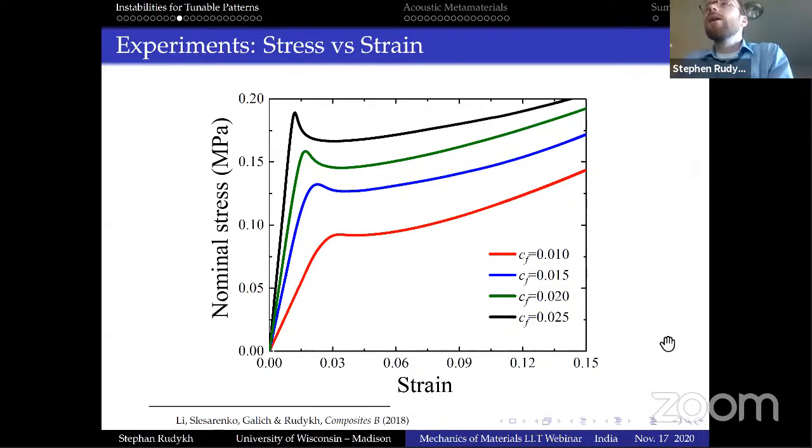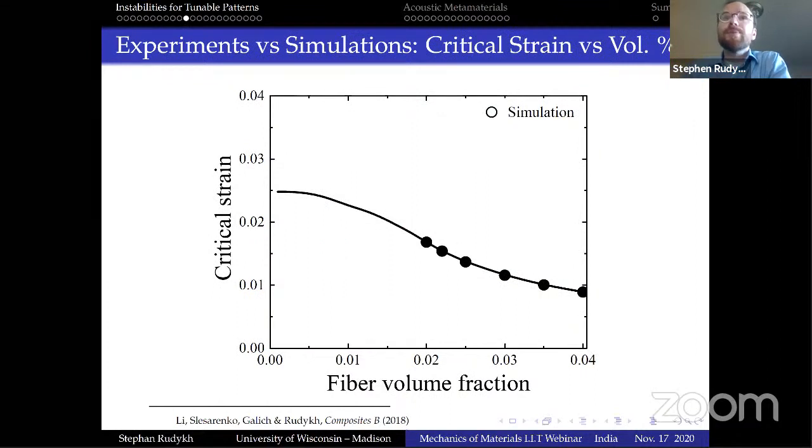So there are some speculations about which point you can choose to say that the buckling already happened. But in this way, we can collect these points and put them in a plot all together, the critical strain versus fiber volume fraction, together with the simulation.